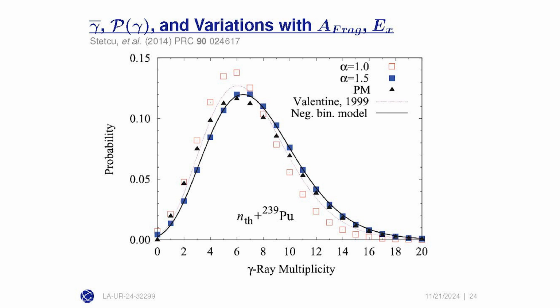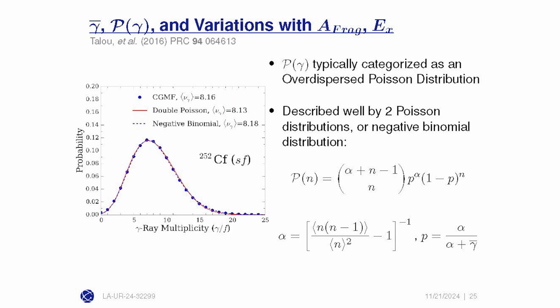This is generally how you would observe a gamma multiplicity distribution, which you can describe via the same moments as we described for the P of nu distributions. I'll also point out that this is well described by a negative binomial distribution, which is shown here. I'm not going to go into the details of how to calculate all of this, but this is a functional form that you can use to get a good handle on how to describe your gamma probability distribution.